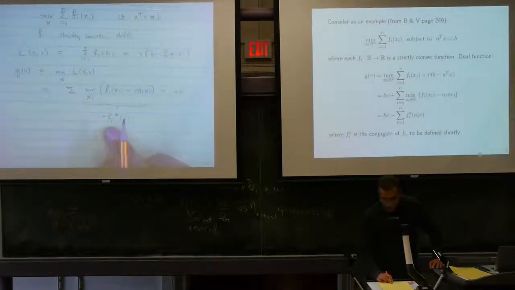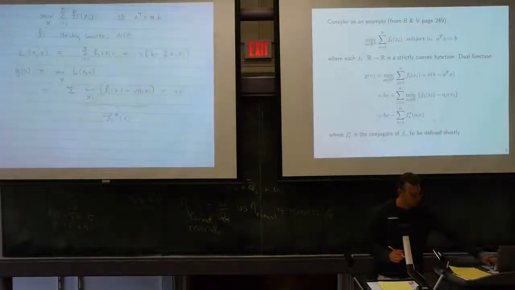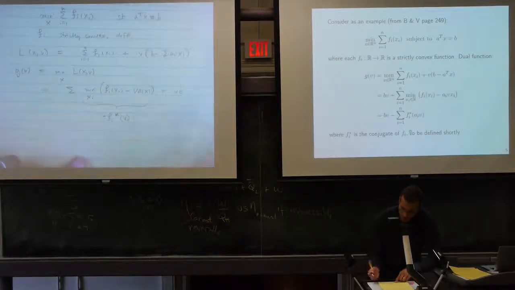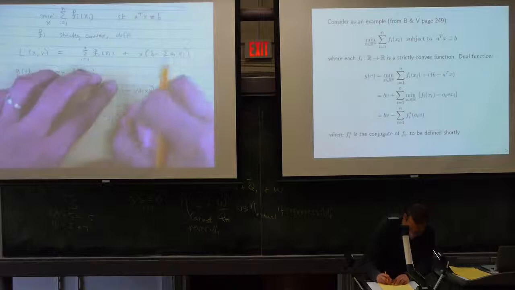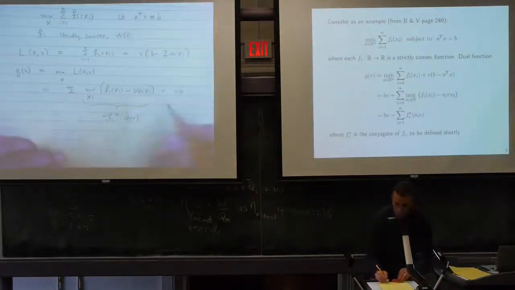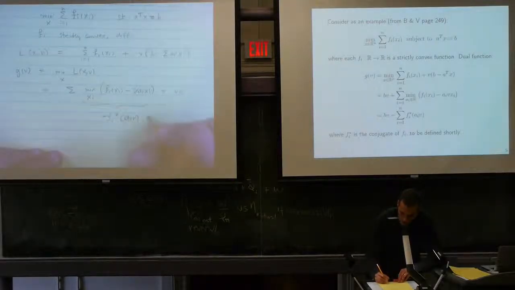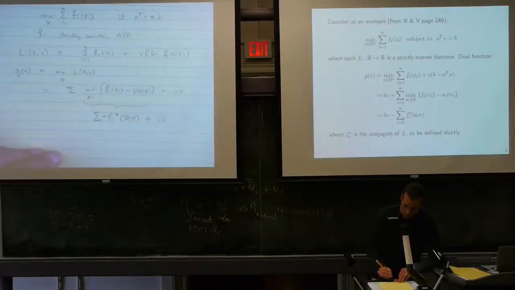Let's call that quantity, a function of v, negative f_i star of a_i times v, because I'm going to be treating that as an argument. So then this is equal to just the sum of minus f_i star of a_i v, plus vb.